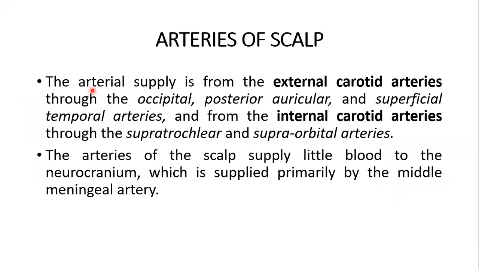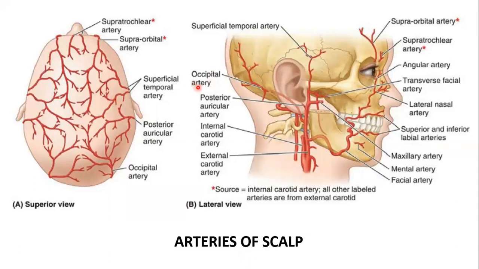So what are the names of the arteries supplying here? They come from the external carotid and the internal carotid. These are branches of the common carotid artery: the external carotid and internal carotid arteries.